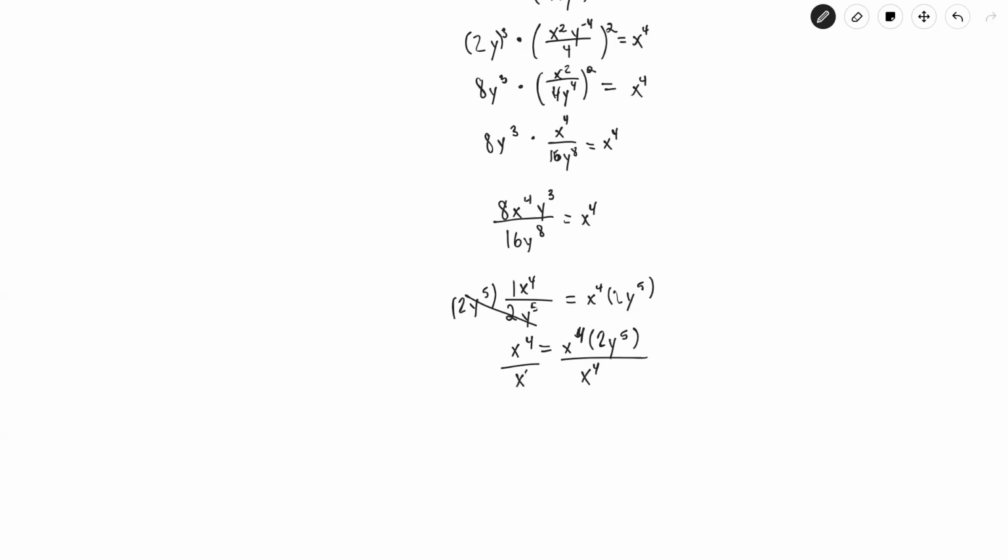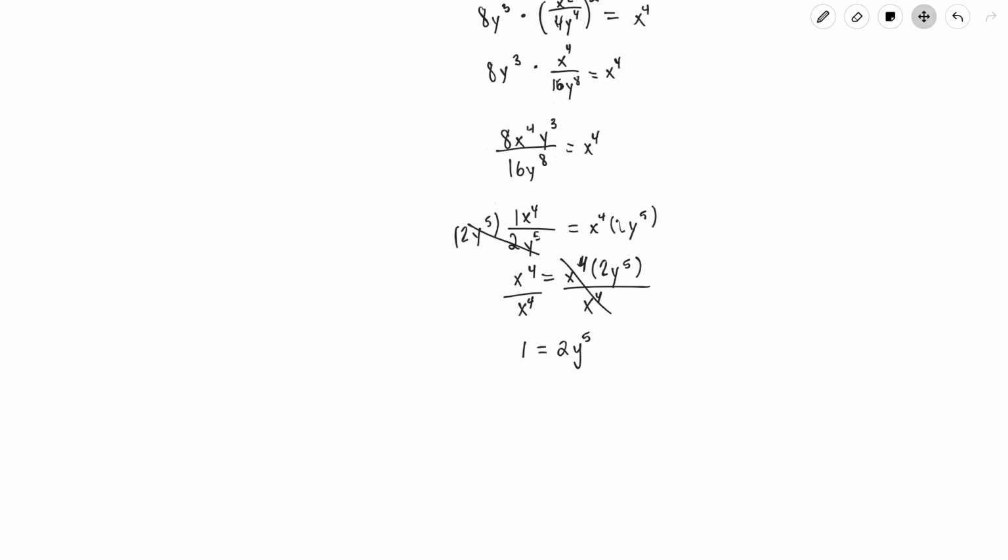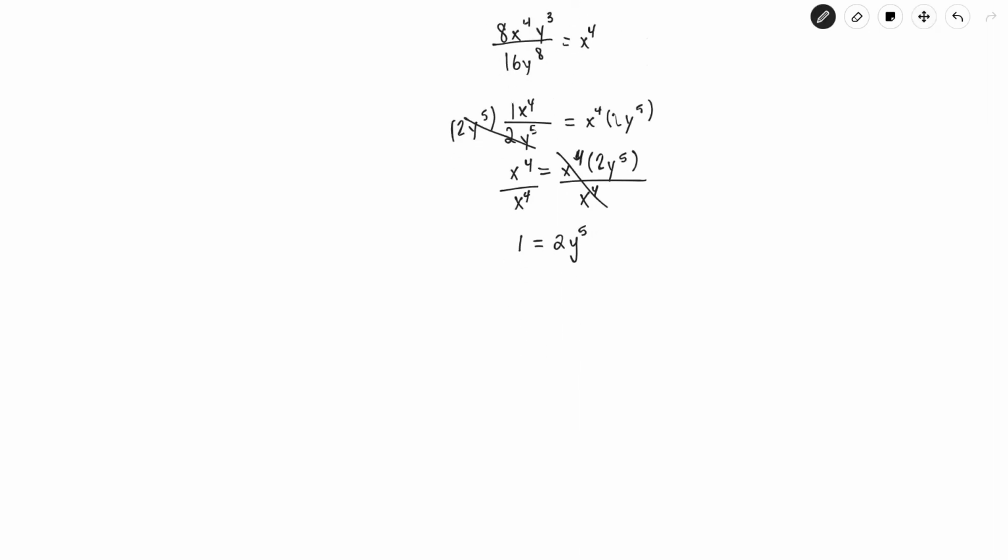I'm only allowed to do that because x is also positive, which means x to the 4th is also never equal to 0. If it were equal to 0, that would be totally illegal for me to divide like that. And so on the left side, I get 1, because anything divided by itself is just equal to 1. And on the right side, I get 2y to the 5th power, just a basic algebraic equation that I can now solve for my variable y, it appears to be.